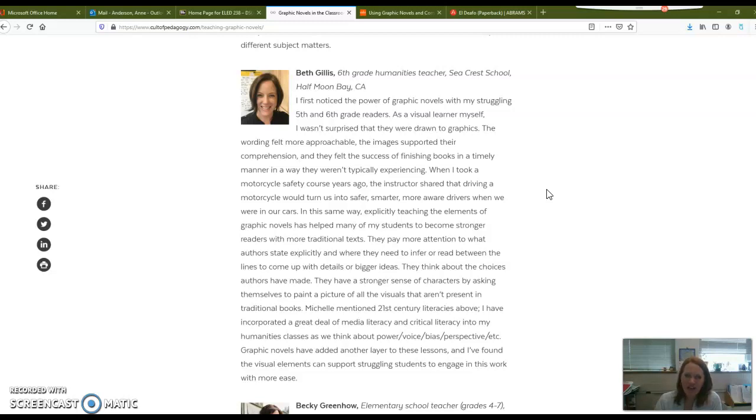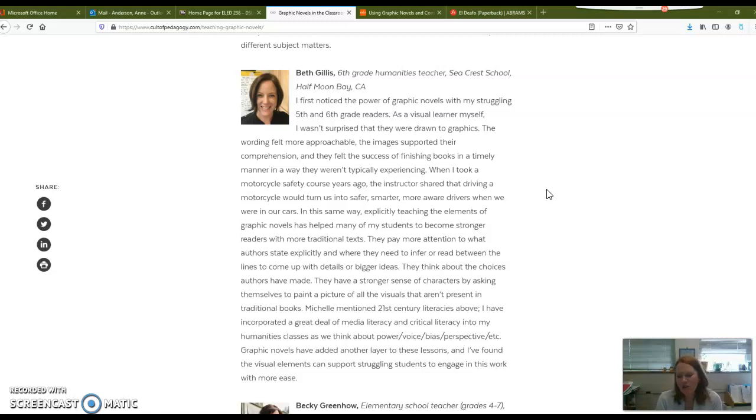She feels that because her struggling readers were more visual learners, they really enjoyed the graphics and the words are more approachable, the images support the comprehension, and so they can feel confident in finishing a novel because they can finish at the same time as everybody else. What I like about that is she said they really have a strong sense of character because they can put themselves in those visual pictures. There's always that support for those visual learners all the time.